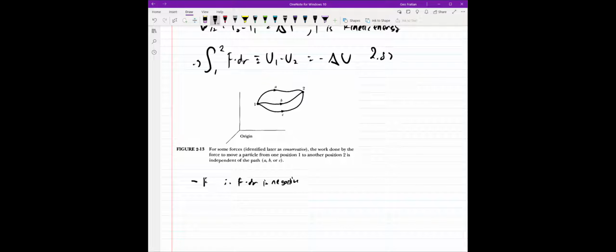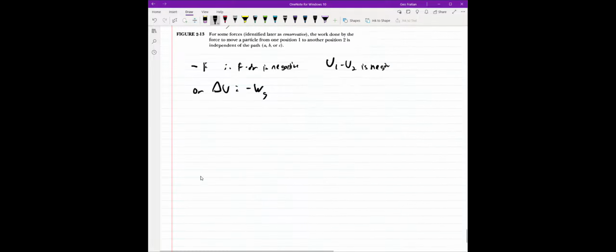So therefore, u1 minus u2 is negative, or therefore the change in u is equal to the negative of the work done by gravity, right?